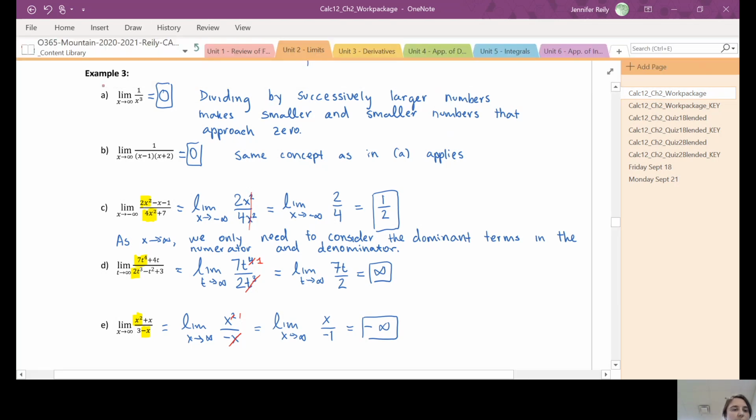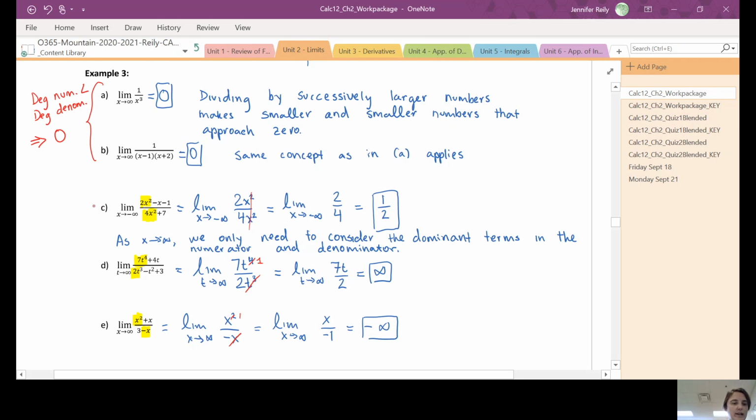So let's just write that on the side. So degree of numerator is less than degree of denominator, and therefore we get 0 because we end up dividing by larger and larger numbers.